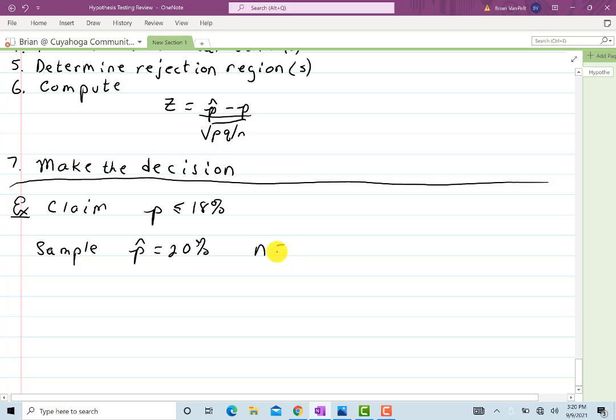The size of the sample was 1995, and we want to test the claim at alpha equals 0.10.